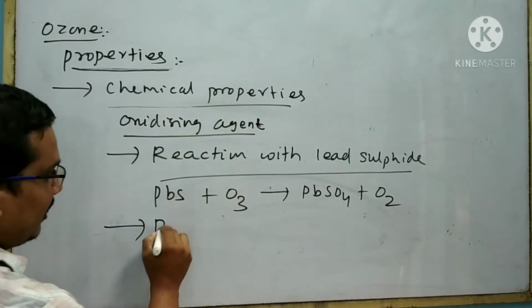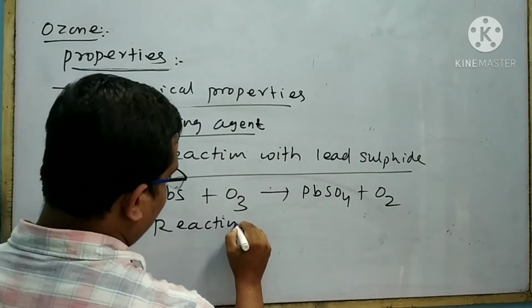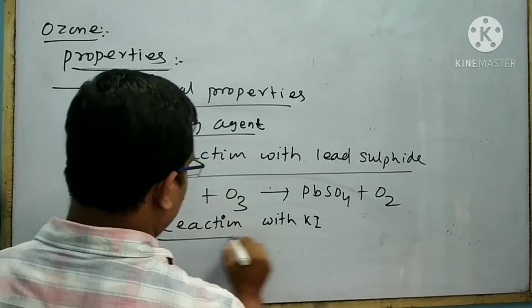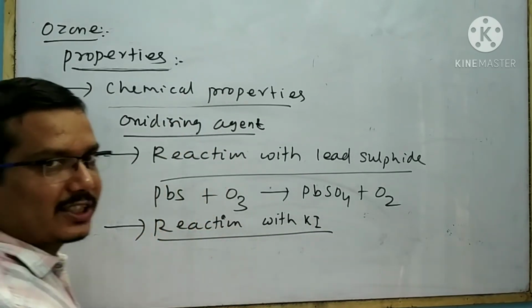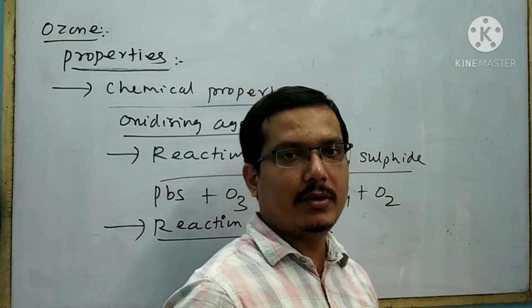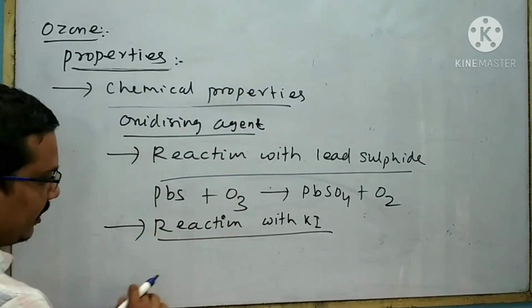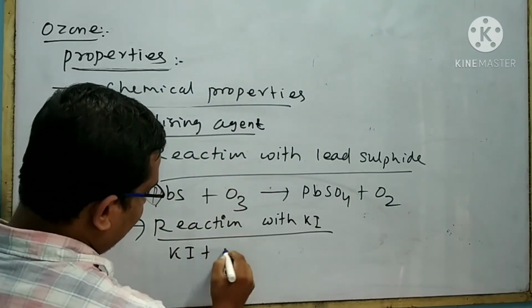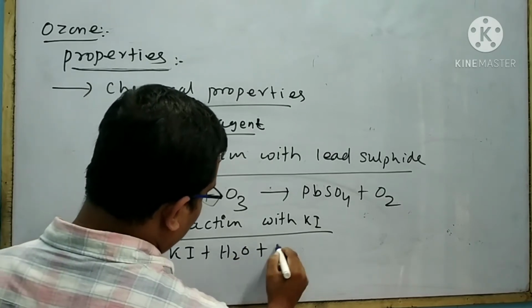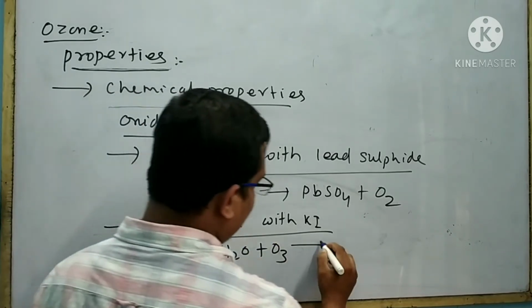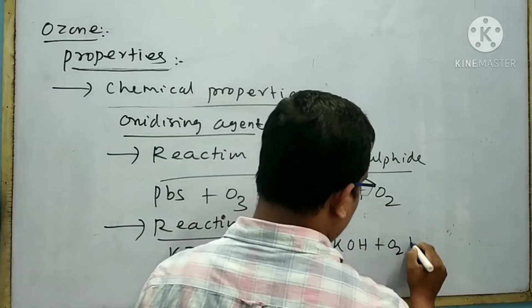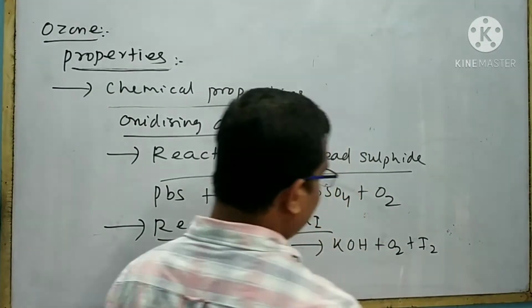Next is reaction with KI. Ozone oxidizes KI to iodine. I can write the reaction like this: KI plus H2O plus O3 gives KOH plus O2 plus I2.